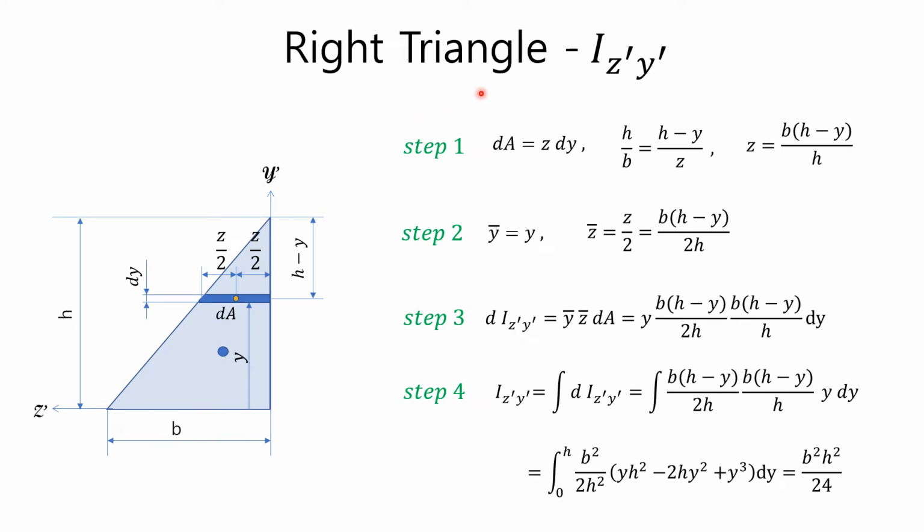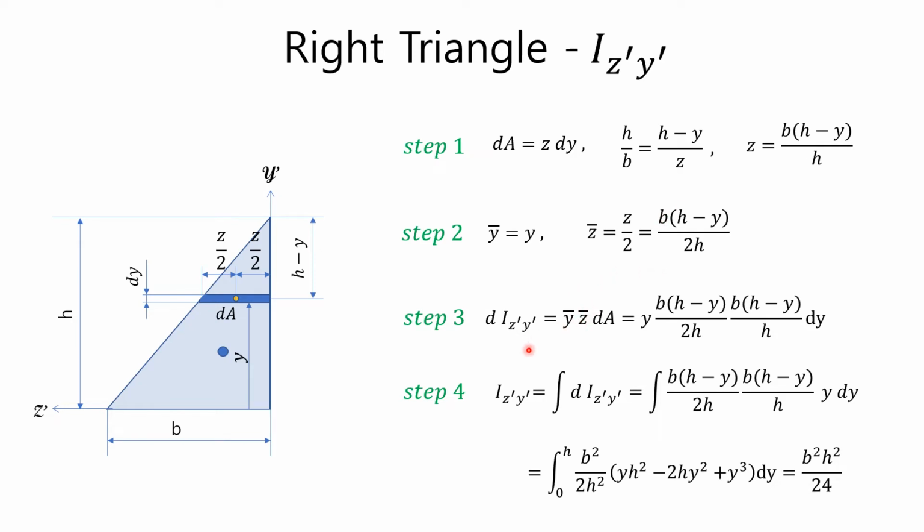Let's calculate the product moment of area for a right triangle. In step 1, small area dA equals z dy. By the similarity of two triangles, here we have a big triangle and a small triangle, we can formulate the equation for z in terms of the known dimensions. And step 2, we find the centroid of small area dA. y bar equals y, and z bar equals z over 2.